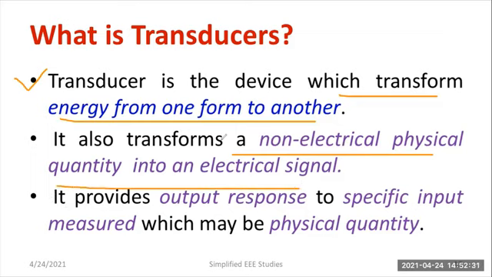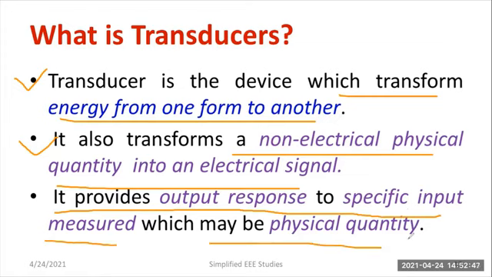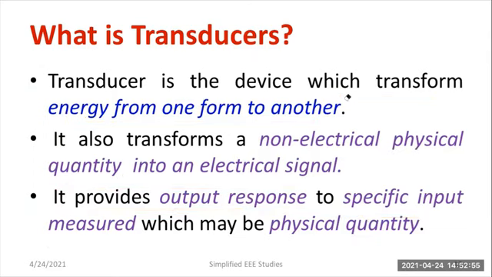For example, it is going to convert a non-electrical physical quantity into an electrical signal. And also we can say that it provides an output response to a specific input measured, which may be in the form of a physical quantity. So this is the basic information about transducer.